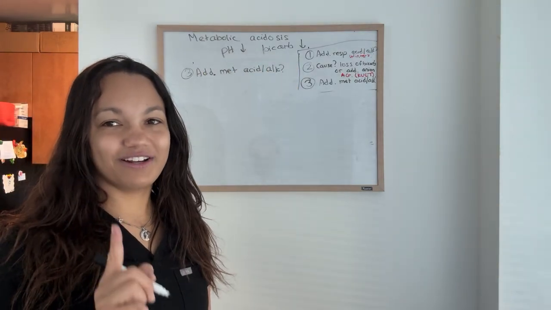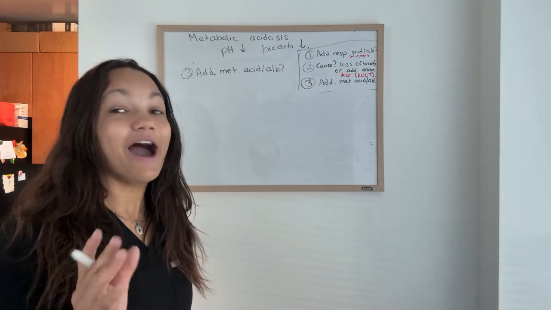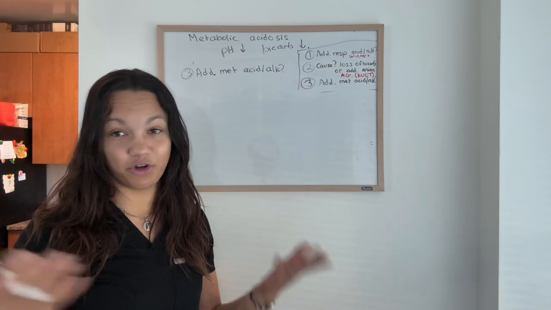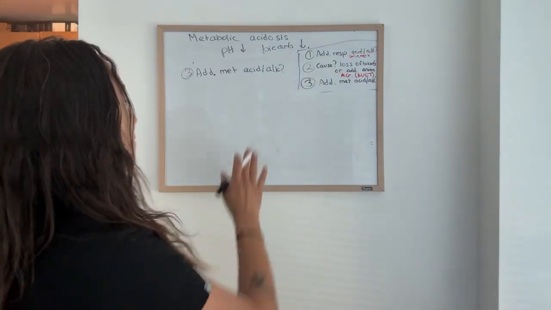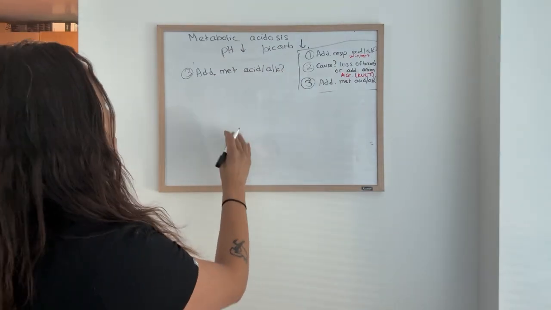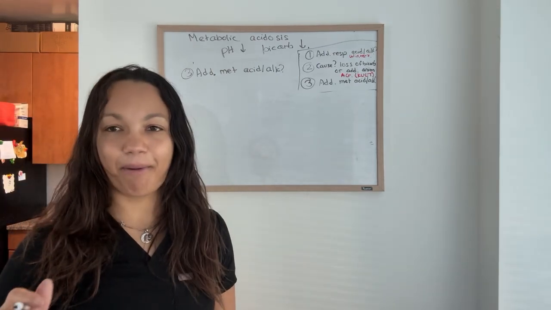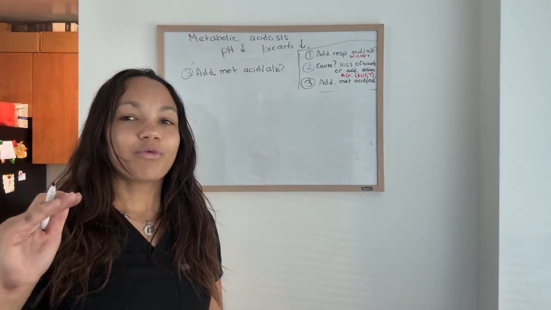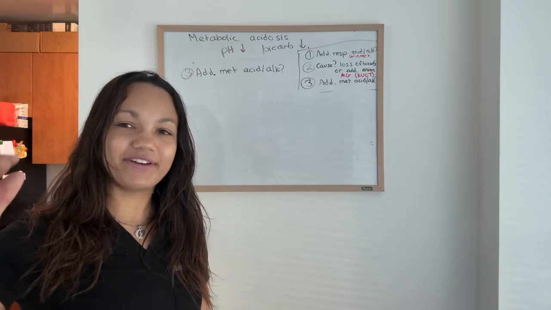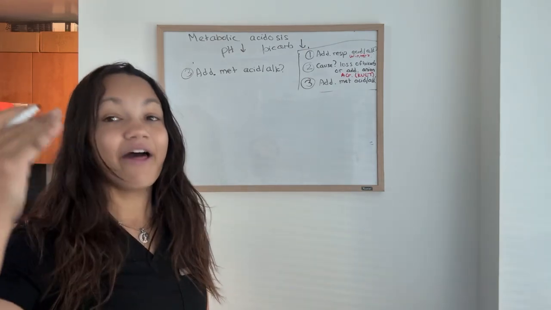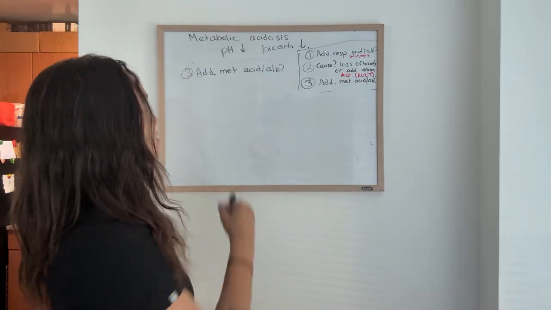This is where delta comes in. I also have a separate video on delta, so if you watch that, you don't really have to pay attention to this point, but I'll go over it here. So, if you have an anion gap metabolic acidosis, remember I said that every time you added an anion, that unmeasured anion like your lactate, that's what lowers your bicarb.